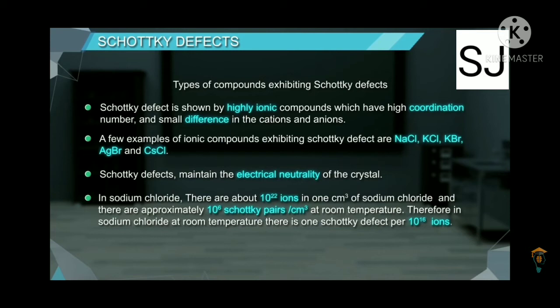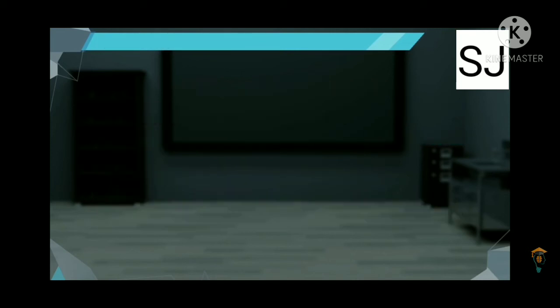The number of defects increases to 1 in 10 raised to the power 6 sites at 775 Kelvin, and 1 in 10 raised to the power 4 sites at 1075 Kelvin. So that is all about Schottky defect. Now we discuss the Frenkel defects.